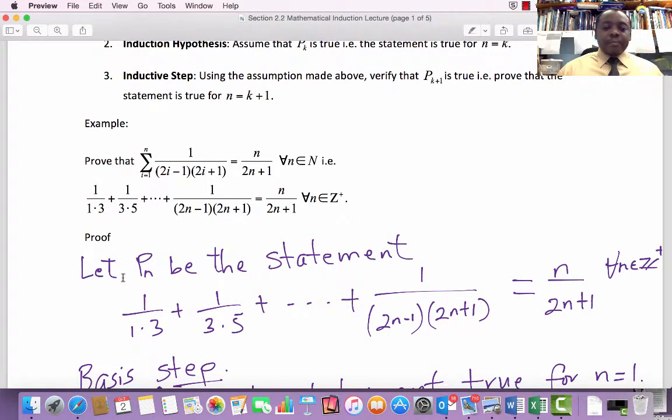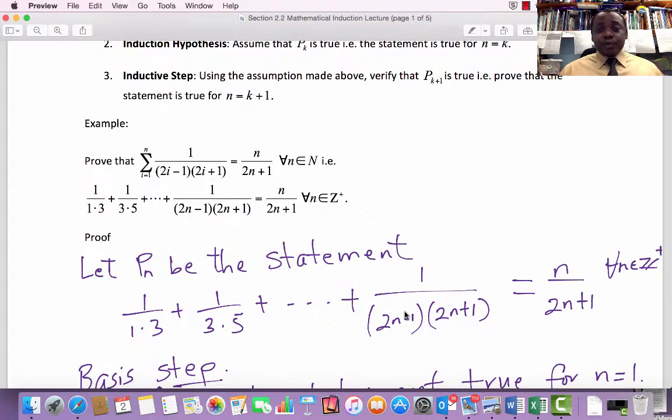Proof: let Pn be the given statement. 1 over 1 times 3 plus 1 over 3 times 5 plus ... plus 1 over (2n minus 1)(2n plus 1) equals n over 2n plus 1 for every n in Z plus. We call the entire statement Pn.